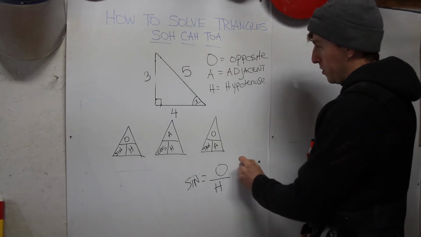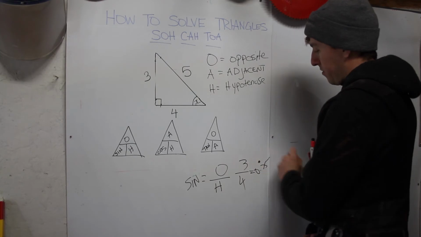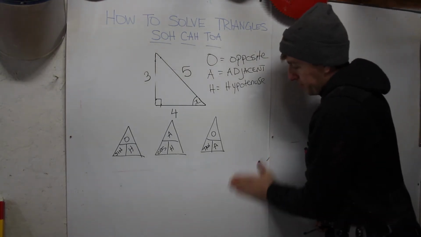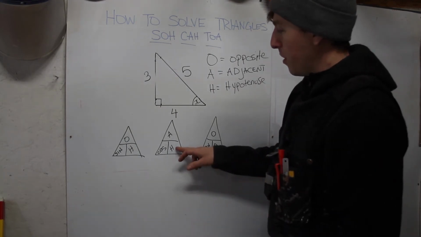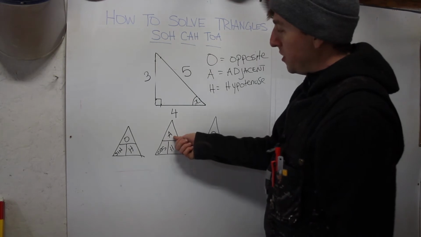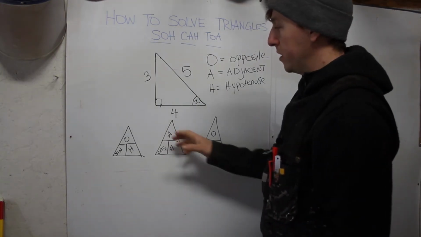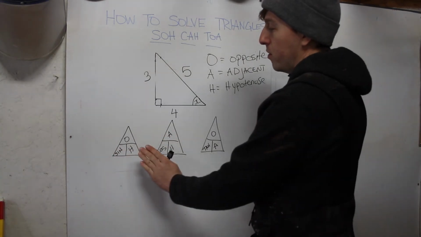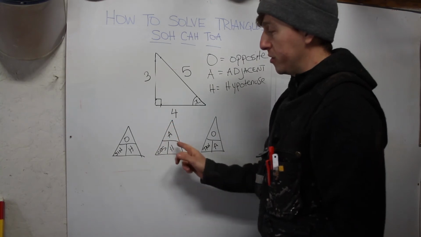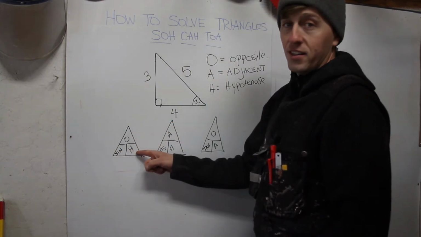Okay, so if this was 3 over 4, that would equal 0.75, just for an example. If you're looking for your hypotenuse, you would cover up the hypotenuse, and it would be adjacent over cos angle. So it's really important to remember you cover up what you're looking for, and then the remainder of them show you what you need to do. Top to bottom is division. Side to side is multiplication.